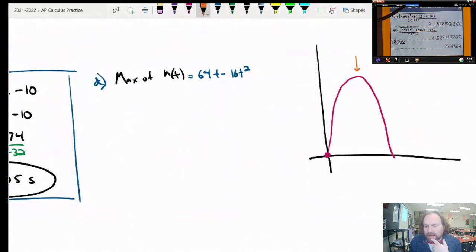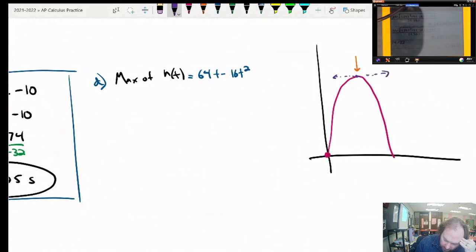Now, you could, I suppose, find the vertex by using vertex form of a parabola, but in calculus, what we're going to do is use the fact that at this maximum point, you have a horizontal tangent. In other words, the slope is equal to 0. So we're going to take the derivative, v of t, which is equal to 64 minus 16t, and make that equal to 0 and figure out when that happens.